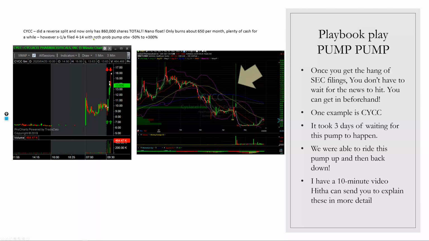on 4/14. So what an S1A is, it's an amendment to the S1. And what that means is they sent in the S1 to the SEC. The SEC sent them back and said, hey, these changes need to be made. And then they make those changes and resend it back to the SEC. And so that means that's the S1A. And so when you see an amendment, that's just them fixing the problems, right? And Roth, so probably a pump's on the way.